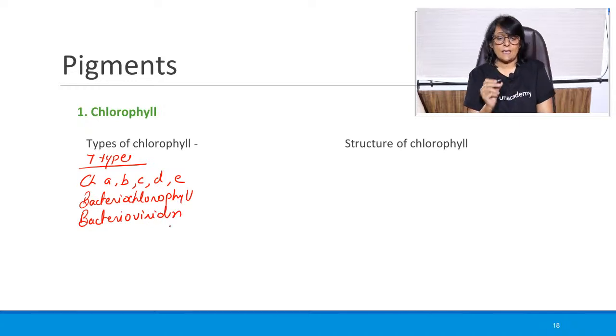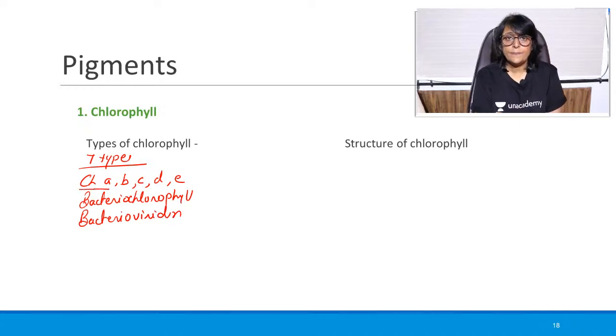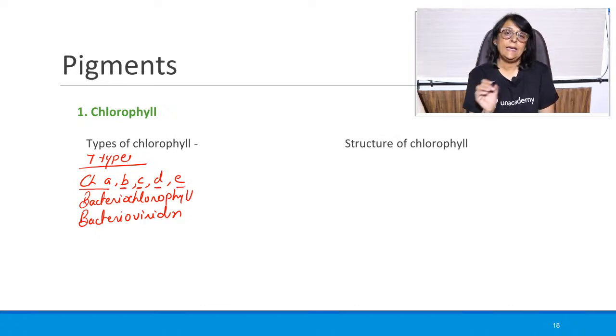So now there are 7. Chlorophyll A is 1, chlorophyll B, C, D and E. So these are 5 types and these 2. So 7 types of chlorophyll molecules are there, and chlorophyll obviously is the most important molecule, and that is why we are talking about this one in detail.